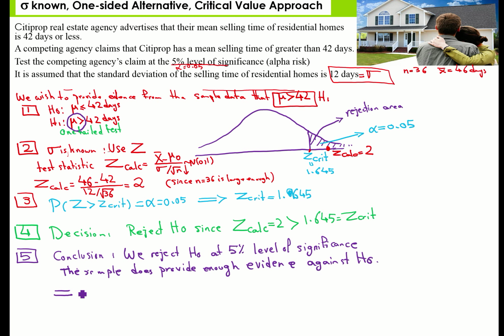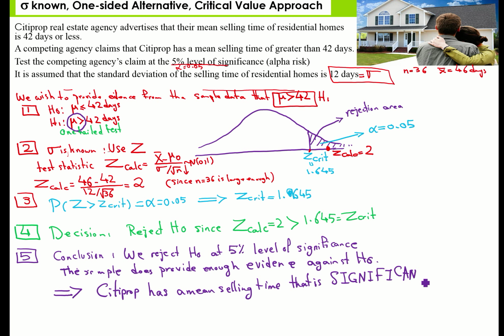It means that Citiprop has a mean selling time that is significantly greater than 42 days.